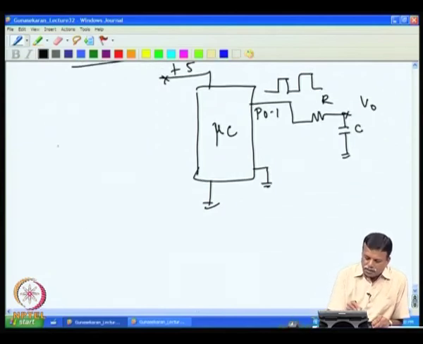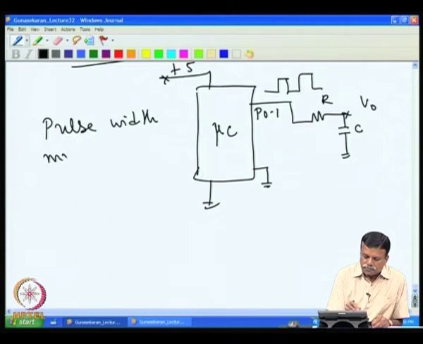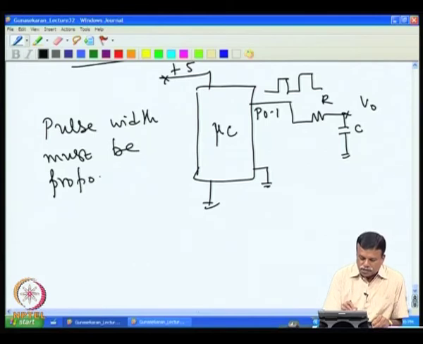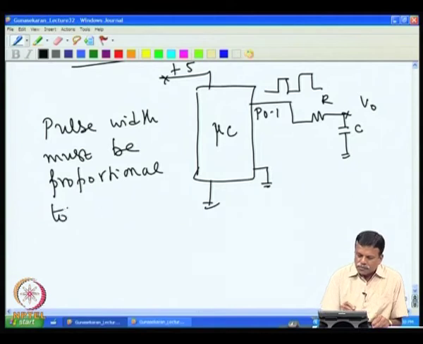The pulse width must be proportional to the digital word.